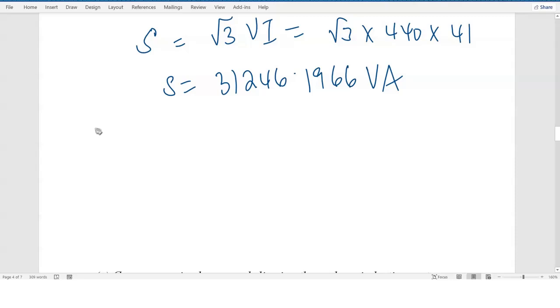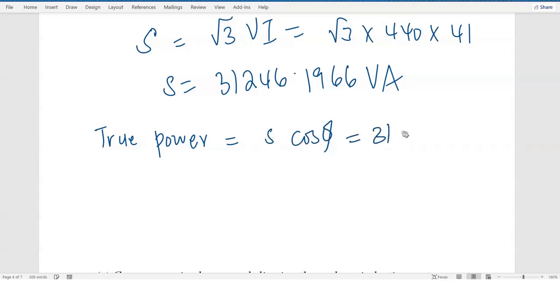So if we want the true power, remember, according to the power triangle, the apparent power gives us the true and the reactive. So true power is equal to S times cos phi.